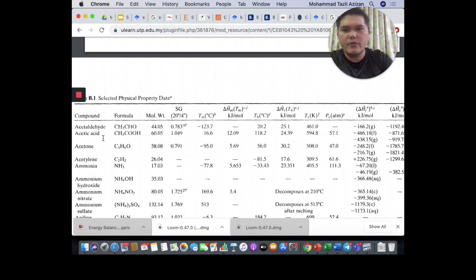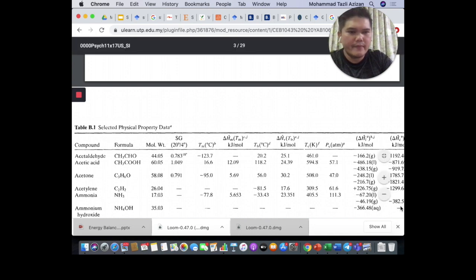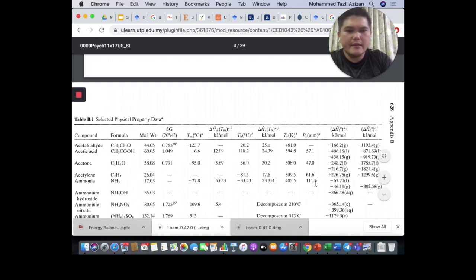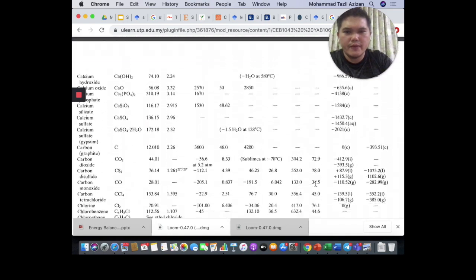So we need to go to Table B1. This is where we get selected physical property data. If you go to phenol, straight away let's go to phenol.